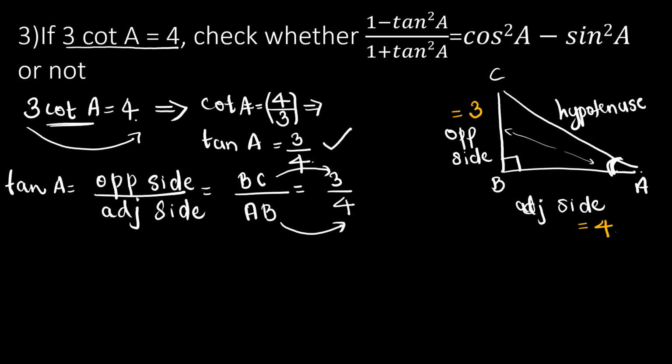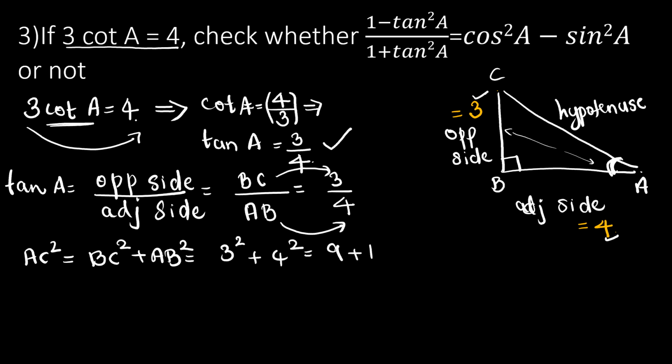Now we will find the hypotenuse AC. From the Pythagoras theorem we know that AC square equal to the sum of the squares of the other two sides, that is BC square plus AB square, which is 3 square plus 4 square, equal to 9 plus 16, that is equal to 25.